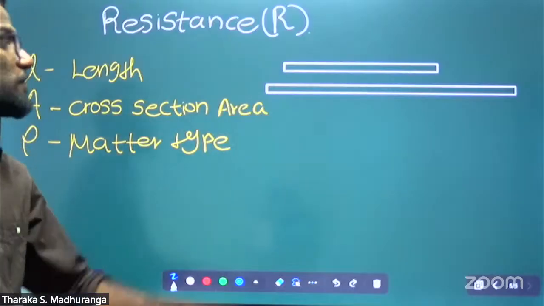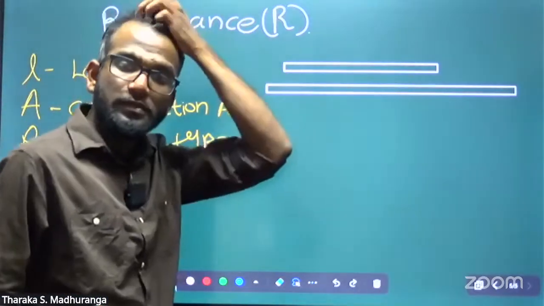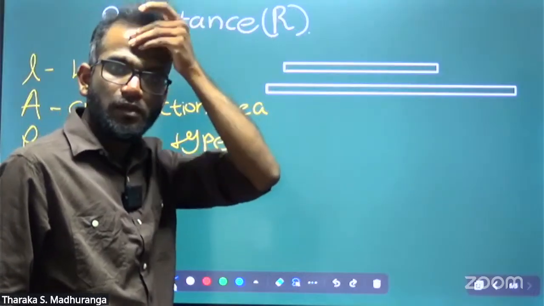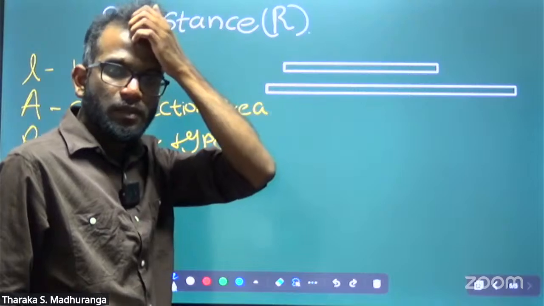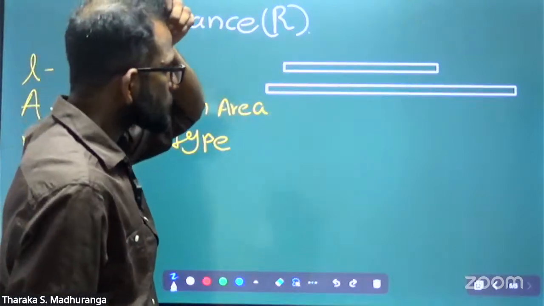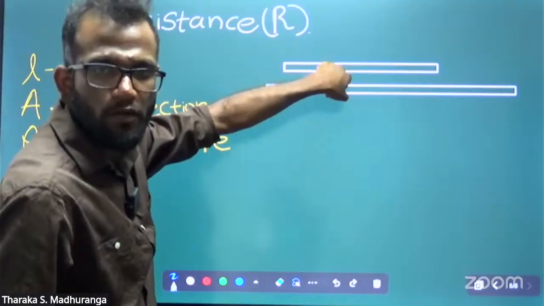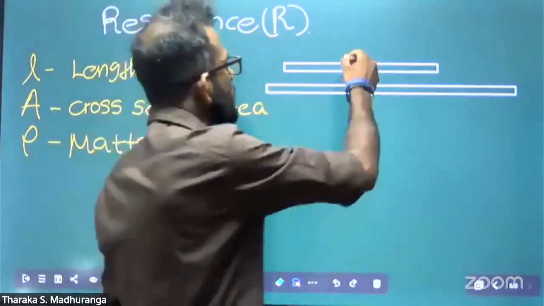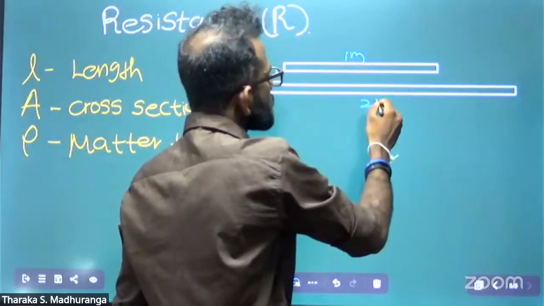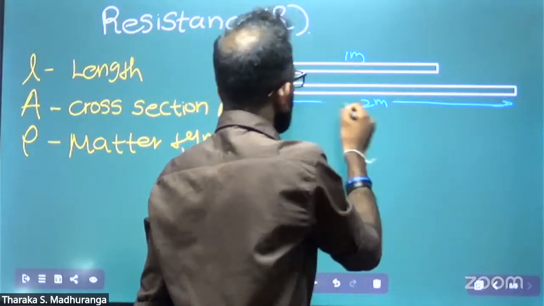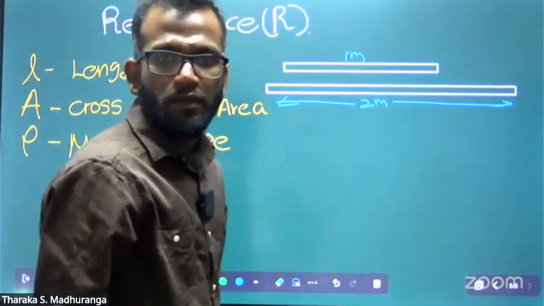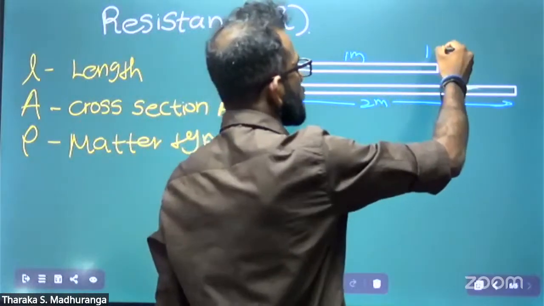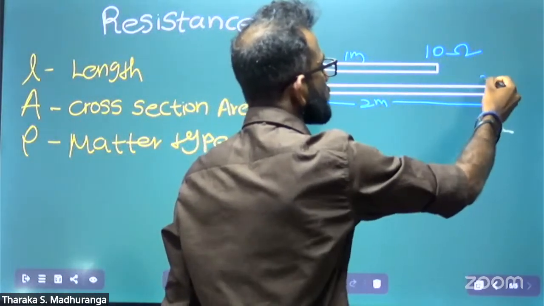Yes, resistance increasing. Why? Think of the same copper conductor. It is 1 meter length, and this is 2 meters. If this one has resistance 10 ohm, this one is 20 ohm.